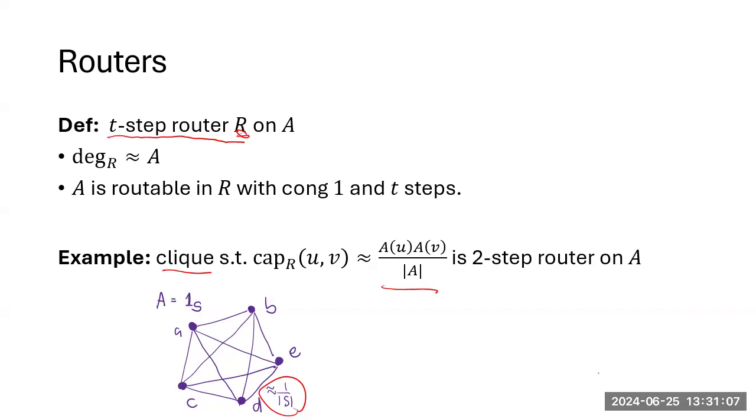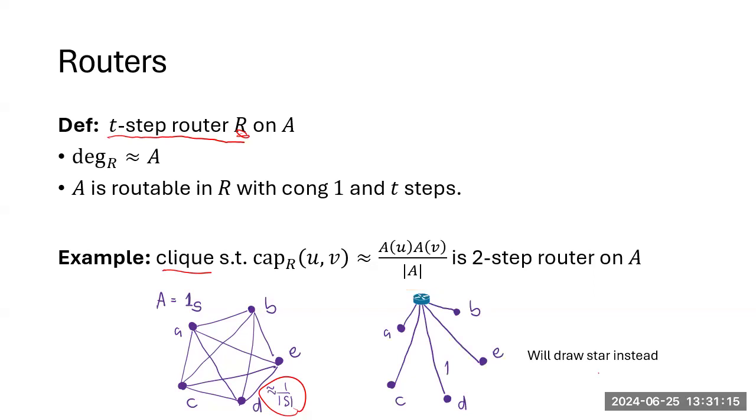And instead of drawing this clique, throughout the talk, I will just draw a star here. Star is a two-step router, except that it has one more node. So if you don't allow that, then you just use a clique. And the star here has capacity 1. Let's see intuitively why it is a two-step router. Suppose I want to route from B to C. In the clique, I can send 1 over 4 fraction of flow through everyone, and then send from B to C. And I can simultaneously route from A to D. In the star I just do it.